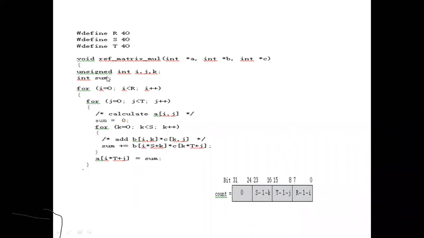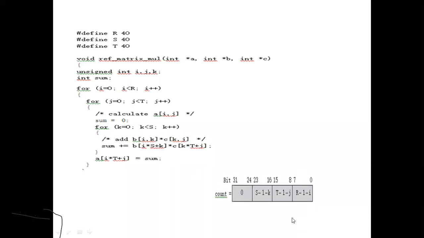So here what I'm doing is storing these values into a single register. You know that these matrix values are very small, right? So they can be put into 8-bit values.